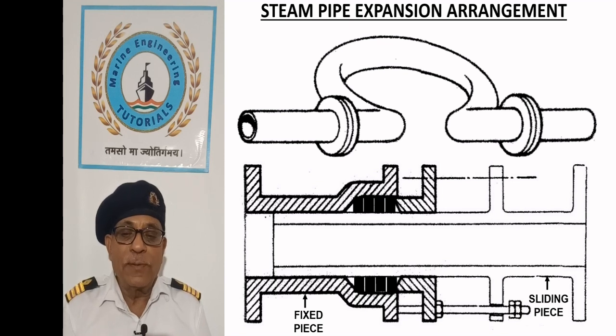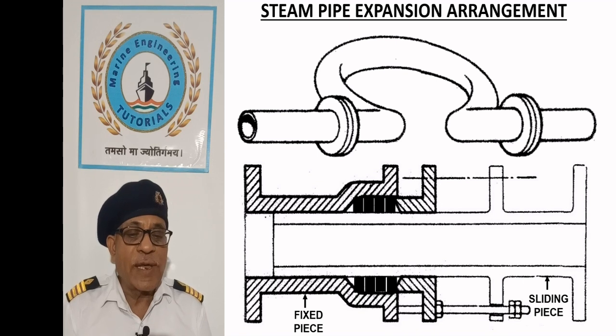Long steam pipes on the deck may have an arrangement as shown in the sketch. Stuffing boxes, as shown, may be provided which permit the expansion and contraction allowance.